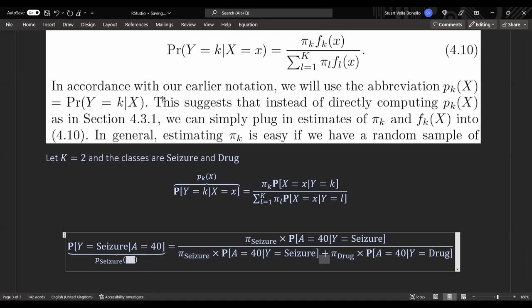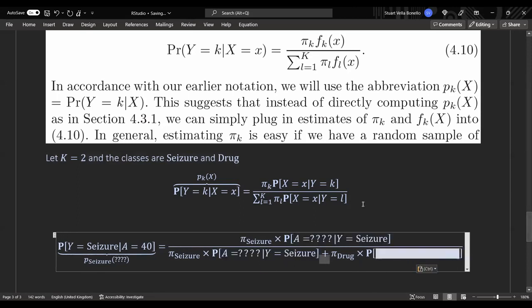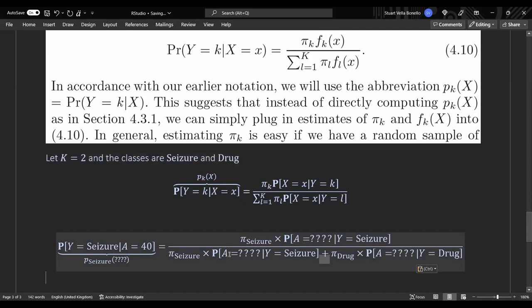So you are asking what is the probability of seizure given a certain age? With Bayes' theorem, we may answer that question, but you first need to know the probabilities flipped around. What is the probability of that age given seizure?